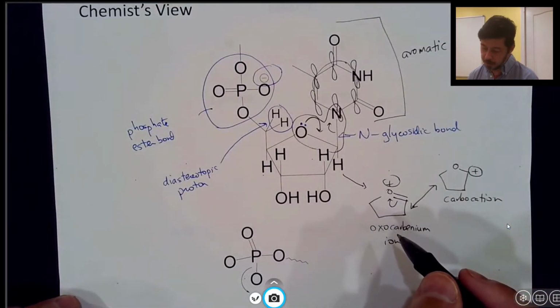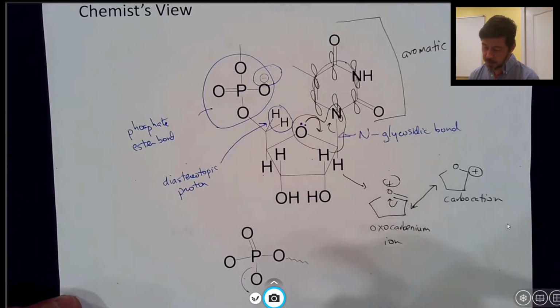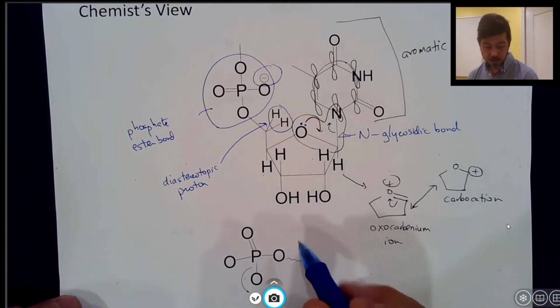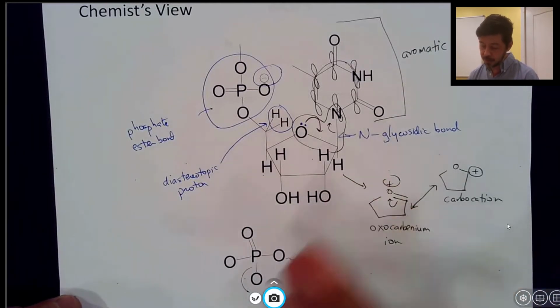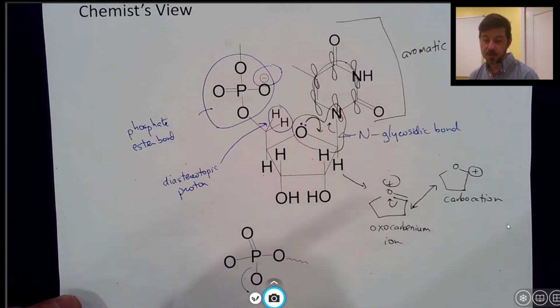And lastly, the thing I want to highlight here, and this will become more important when we look at the chemical and biological synthesis of DNA and RNA, is that in order for these to come together and react, we need a nucleophile to react with an electrophile.